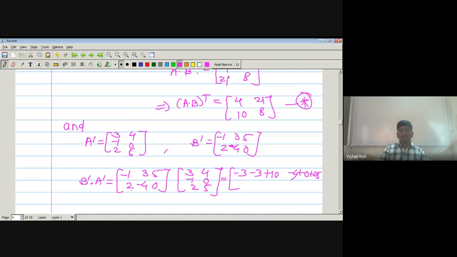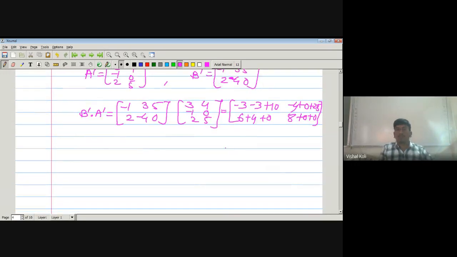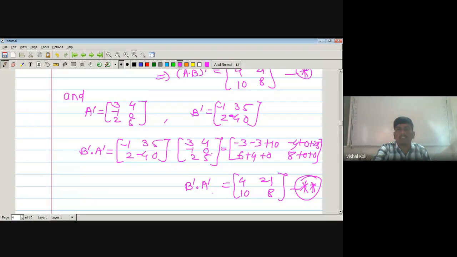Now 2 into 3 6, minus 4 into minus 1 plus 4, 0, 2 into 4 8, minus 4 into 0 0, 0 into 5 again 0. So its sum will be equal to minus 3 minus 3 minus 6 plus 10 is 4, minus 4 plus 25 is 21, 6 plus 4 is 10, 8 plus 0 is 8. Take this one as double star. So it will be nothing but B transpose into A transpose.